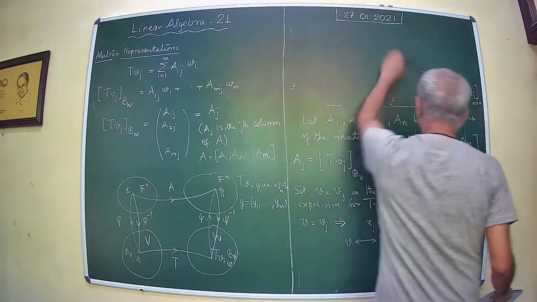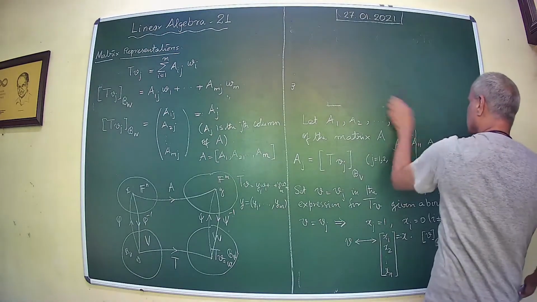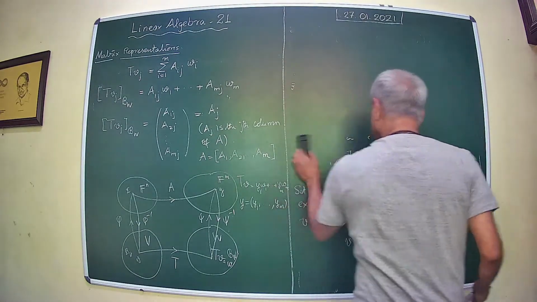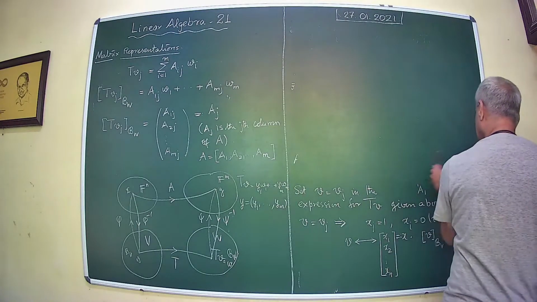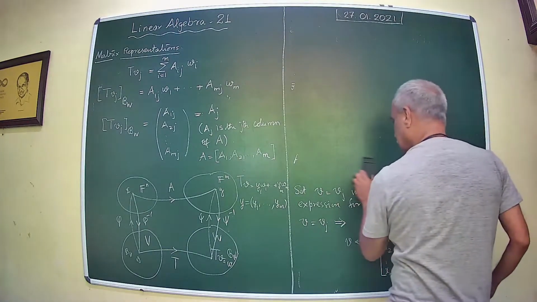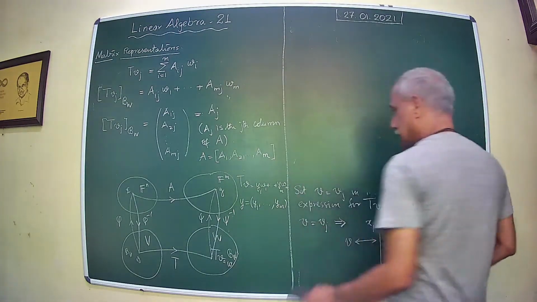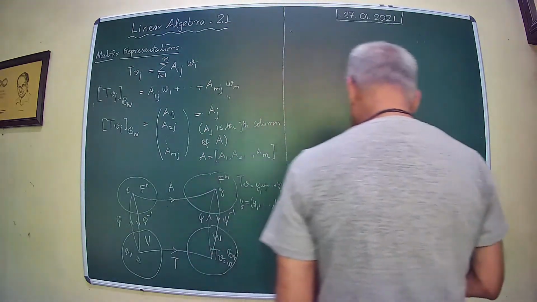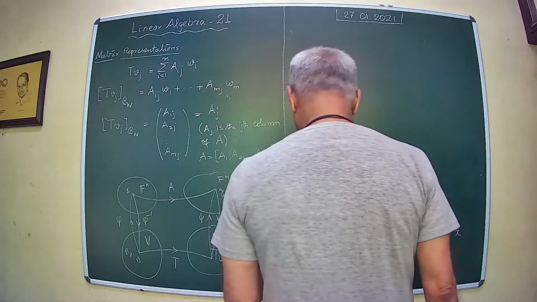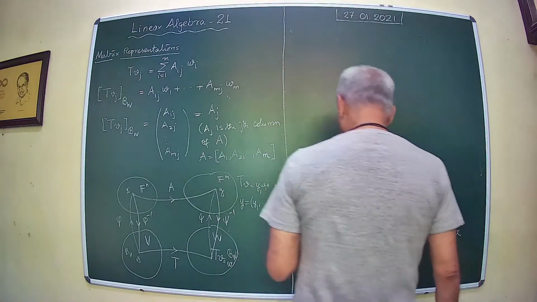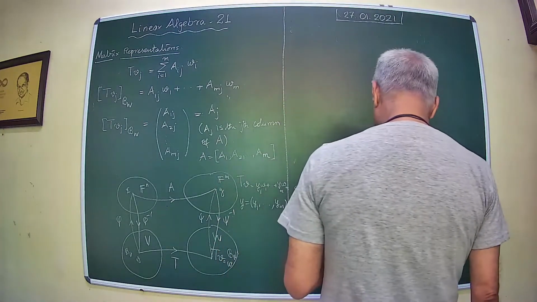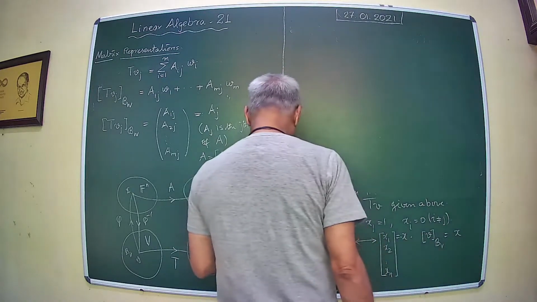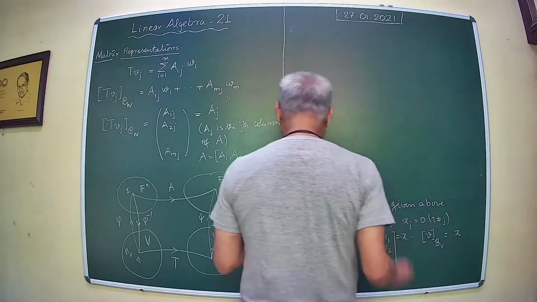So now we compute further. I hope it is clear. I treat the picture as it is. Now let us start working on cA plus B, two operators.